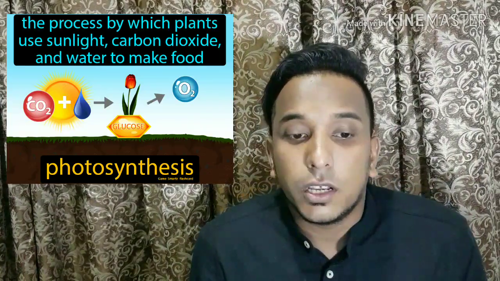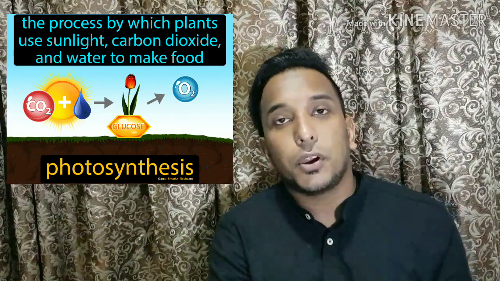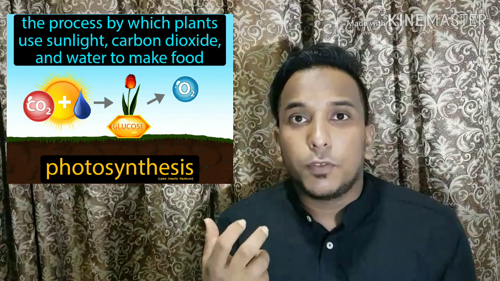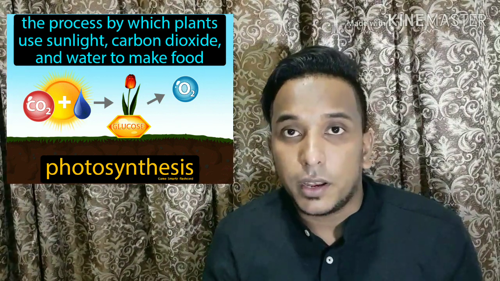Now, what do we mean by carbohydrates being the abundant organic compounds on Earth? Abundant means it is available almost everywhere on Earth. They are produced during photosynthesis. All of you know that green plants produce their own food, which is one of their unique properties, using sunlight and carbon dioxide.